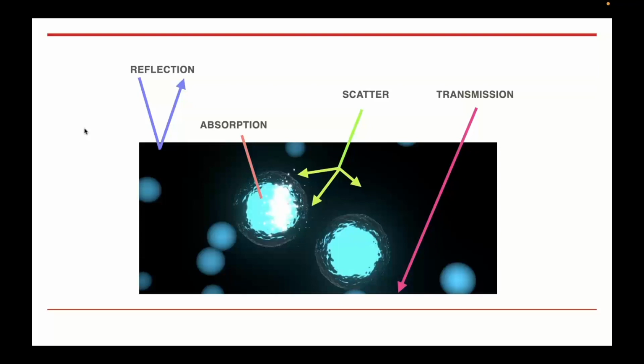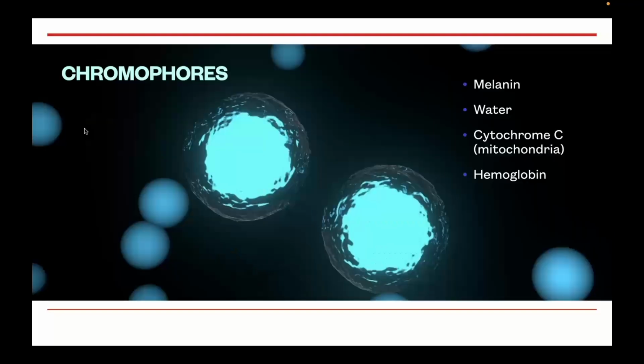To have an effect, molecules or parts of molecules must be able to absorb the light. And these molecules that are able to absorb the energy the light carries are called chromophores. There are four main ones in the tissues for the near-infrared light.